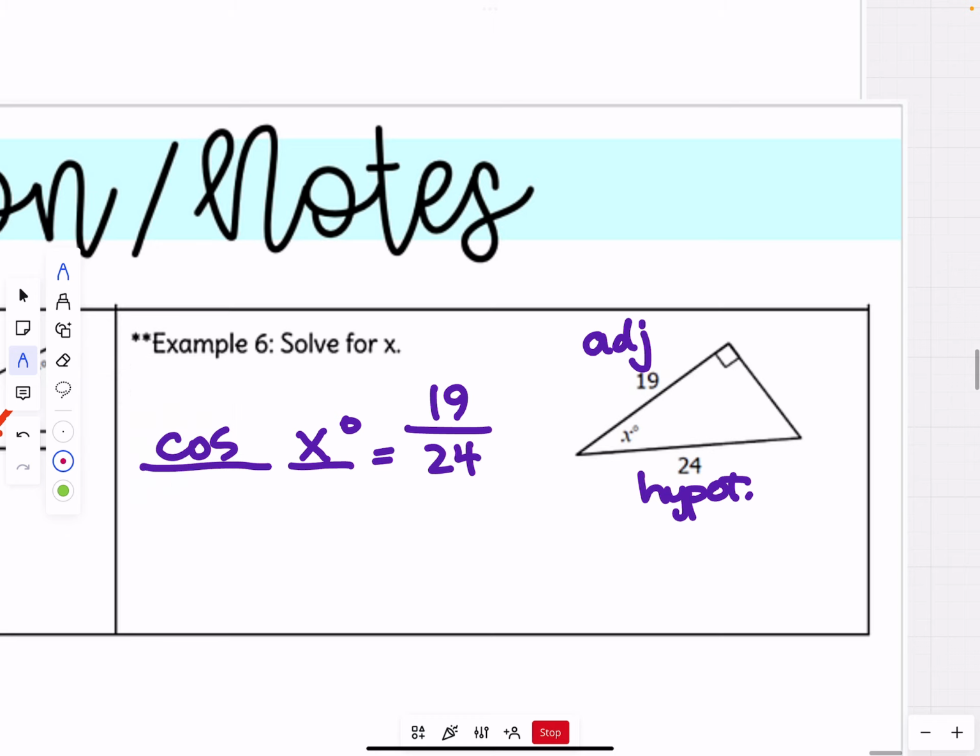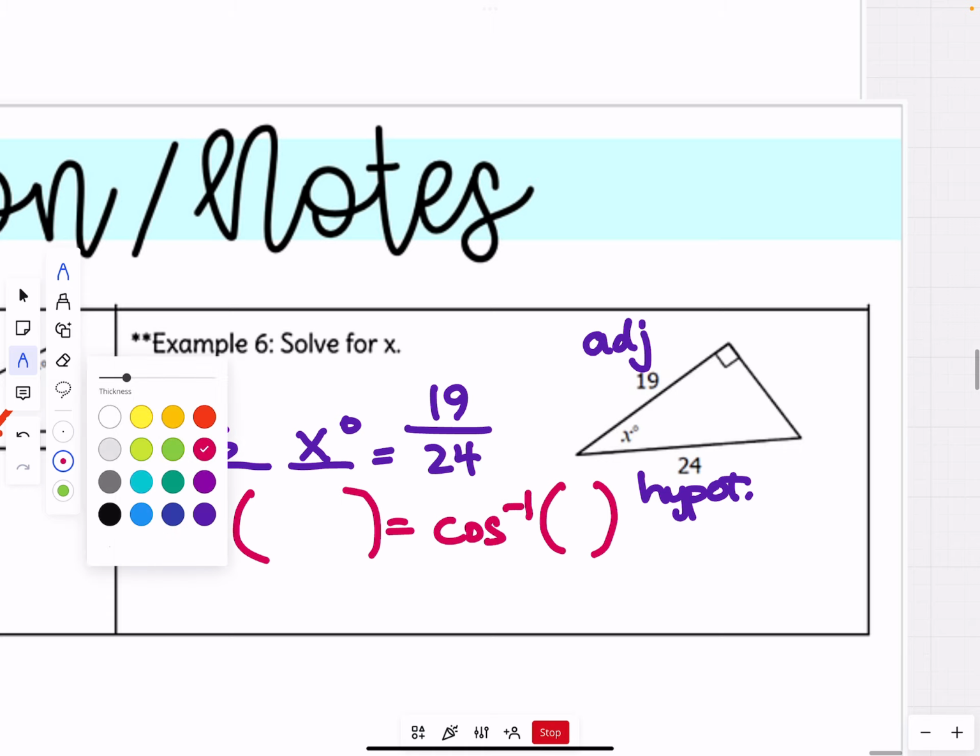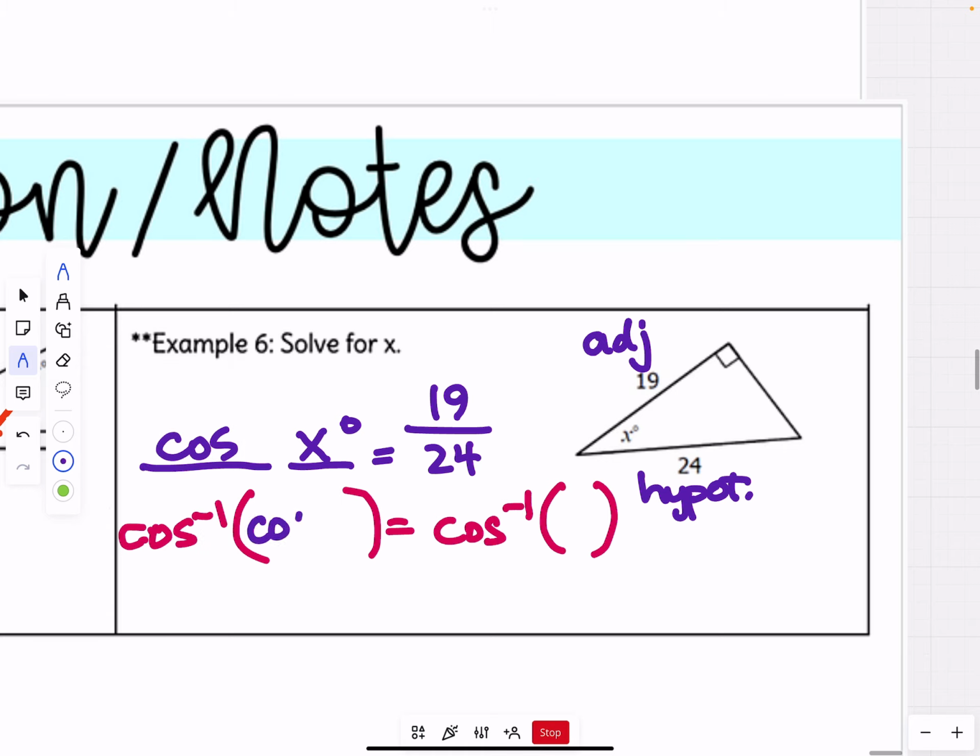Using our sine inverse on both sides, or I'm sorry, not sine inverse, it's cosine inverse. Cosine inverse on both sides. We'll put our cosine inverse of cosine of x and cosine inverse of 19 over 24.